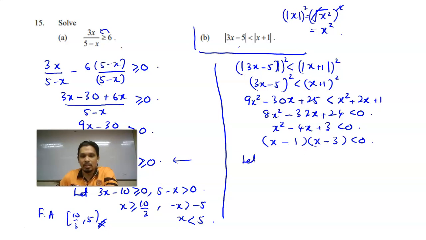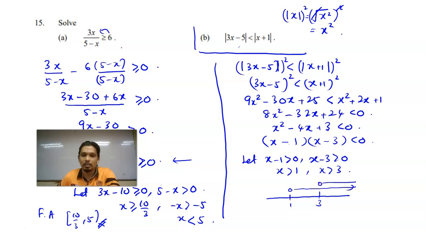So, again, let x minus 1 greater than 0 and x minus 3 greater than 0. We assume both of these factors are greater than 0. Then x greater than 1, x greater than 3. So, 1 and 3. So we got positive, negative, and positive.